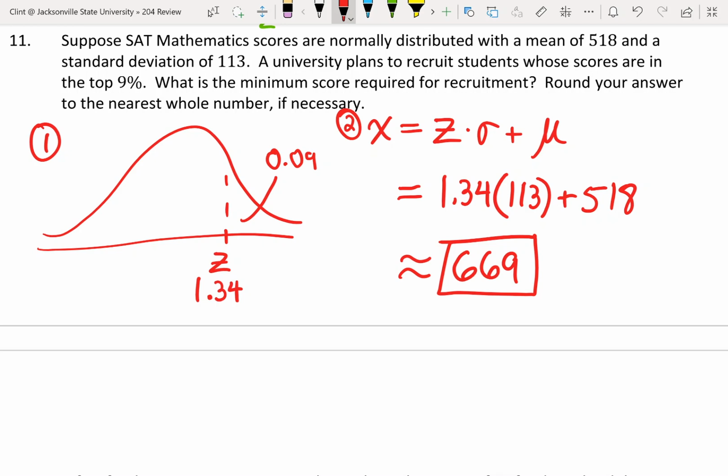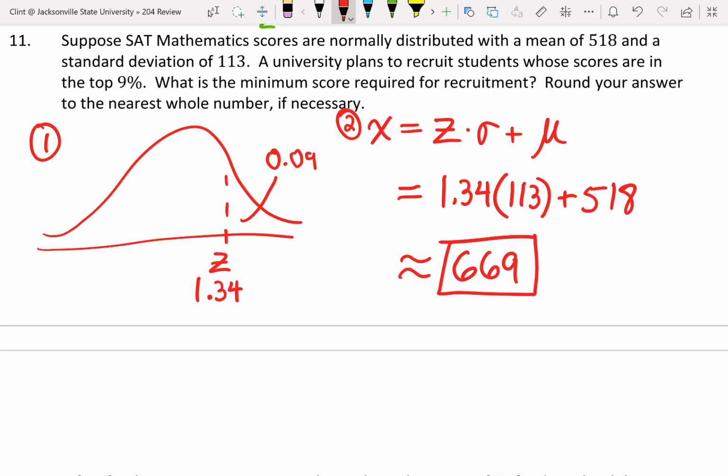Questions on that one? Probably the toughest part on that one is getting started, recognizing that our answer is something other than a Z, right? That our answer is going to be a data value. That was step one on the Z. So either you can look for an area of 0.09, and that'll give you negative 1.34, but we want the area to the right, so it'll be positive.